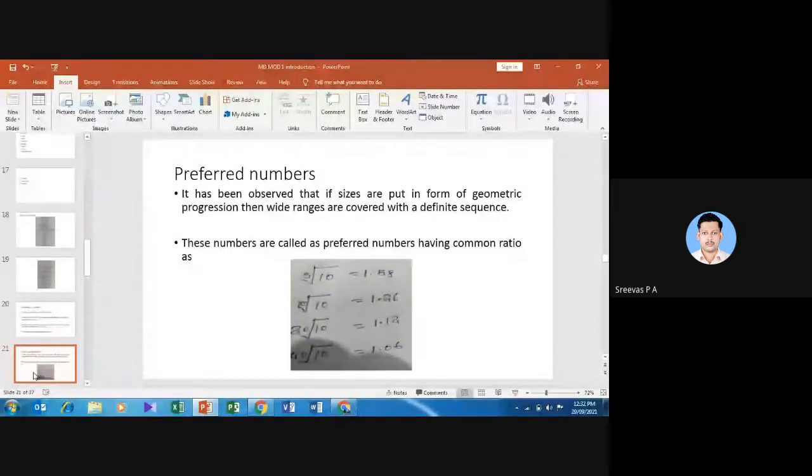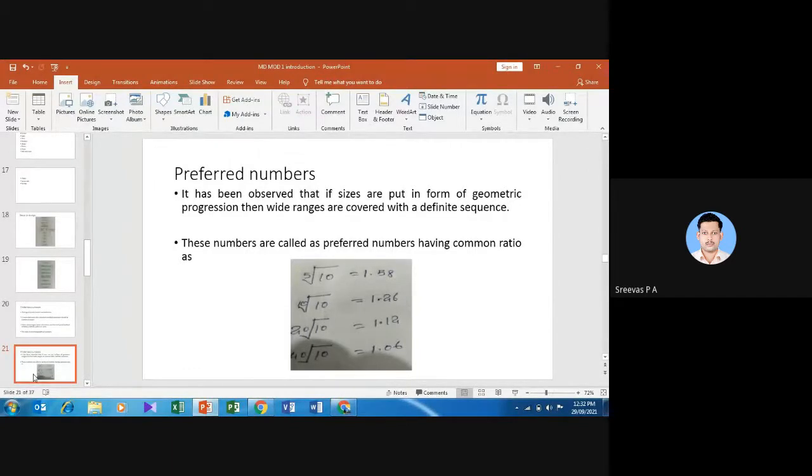So here the preferred number series is represented in the form of a geometric progression. Okay. I have mentioned that we have 5 series, R5, R10, R20 and R40. The name has a relation with the common ratio. If you consider the R5 series, its common ratio will be 10 raised to 1 by 5, or 5th root of 10.